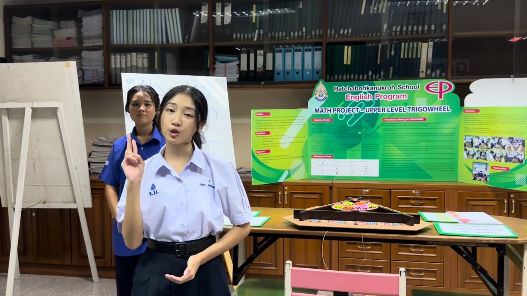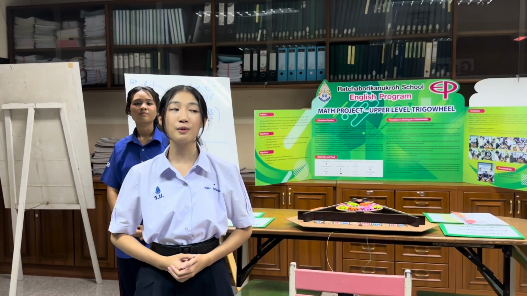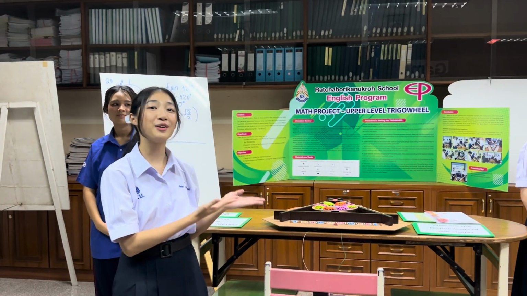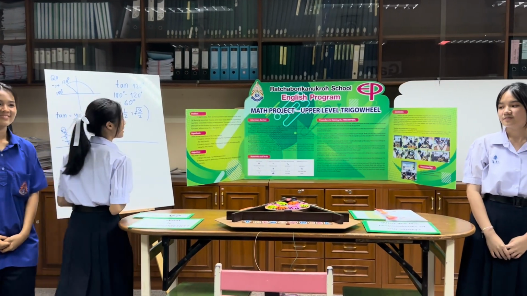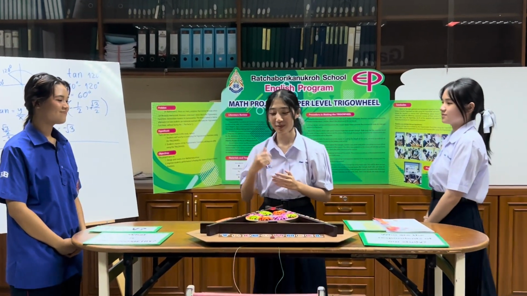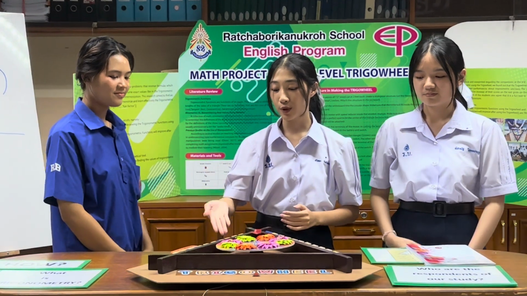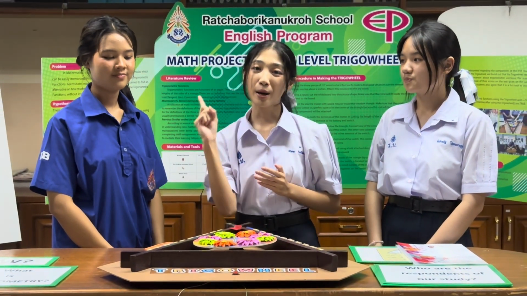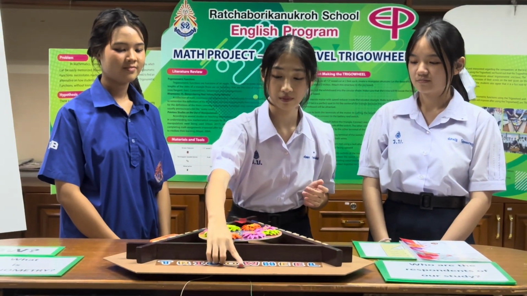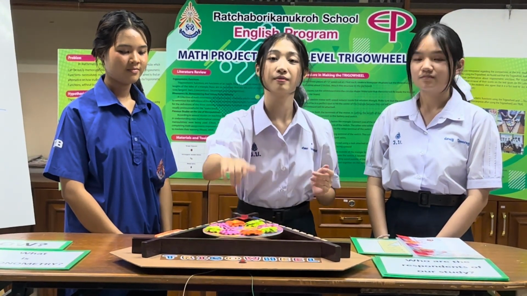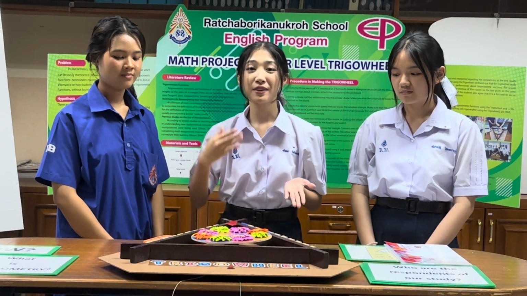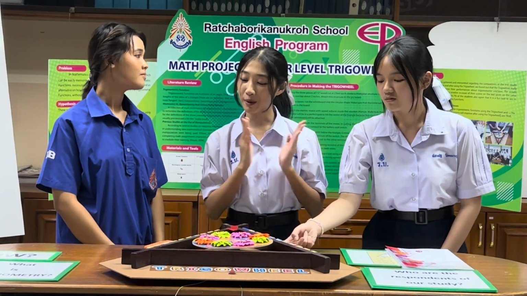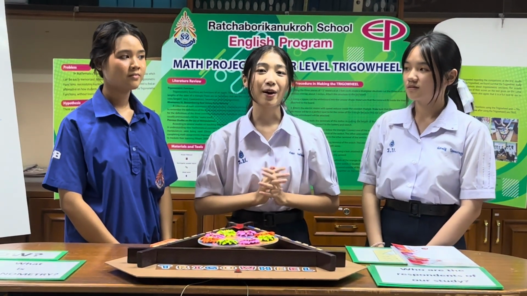Each group shows 2 players who answer the trigonometric function found in the Trigo Wheel, and the wheel is divided into 8 parts: 1, 2, 3, 4, 5, 6, 7, and 8. One player presses the button. Once the spinning stops, the group or player who moves the block will collect the answer counterpart.